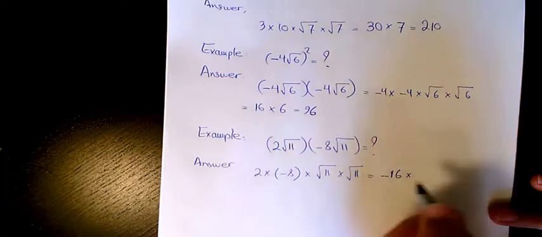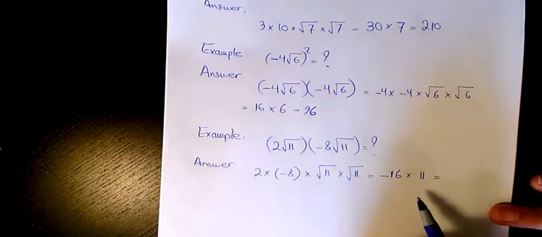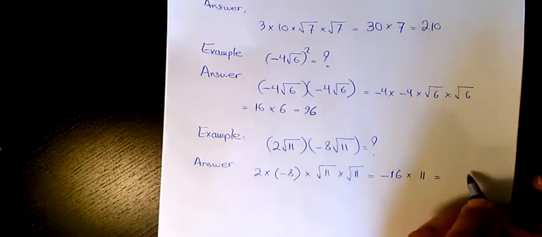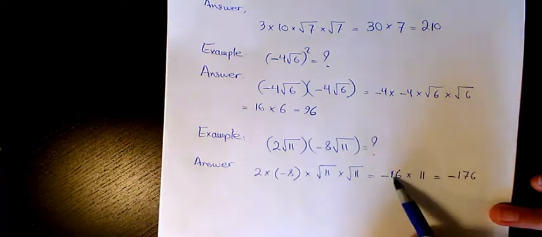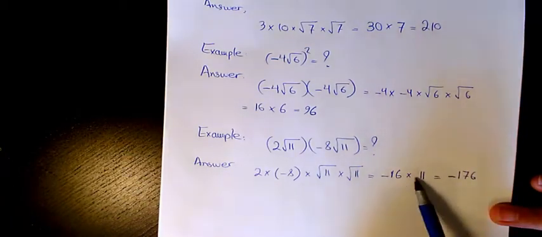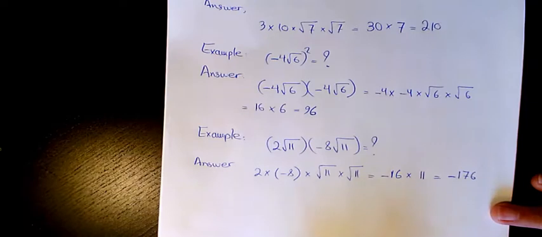Root 11 times root 11 is going to be just 11. 16 times 11 will be 176. Then don't forget to put the negative sign here, because we know negative times positive is going to be negative.